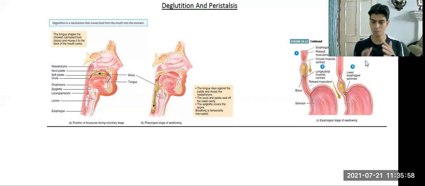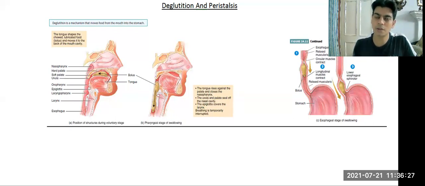So we need to concentrate in this lecture, and we'll understand that food should not go into the nasopharynx in the nasal cavity, or into the respiratory tract through the trachea, which is the windpipe. We'll understand how our body system prevents food from entering the nasal cavity or the respiratory tract. Now very quickly we'll just look at it.